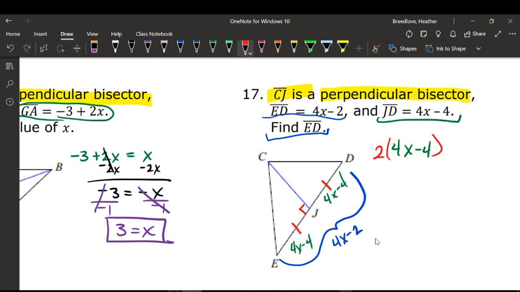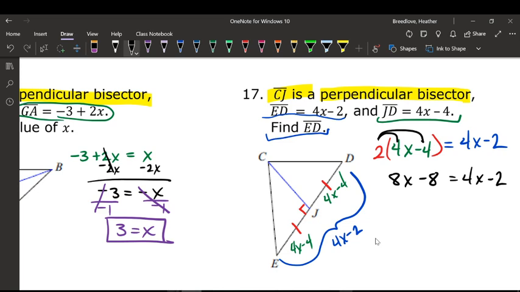So I'm going to distribute the 2 inside the parentheses. 8x minus 8 equals 4x minus 2. So I'm going to subtract 4x to get x's on one side. So 4x minus 8 equals negative 2. I'm going to get the non-x on one side and x's on the other.